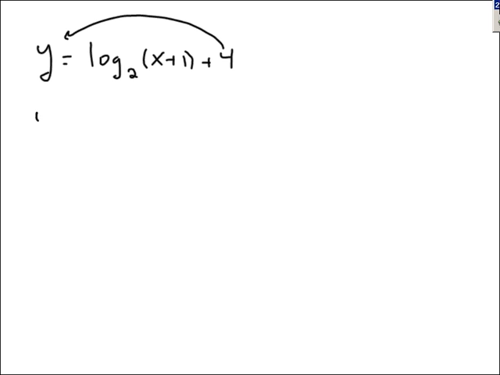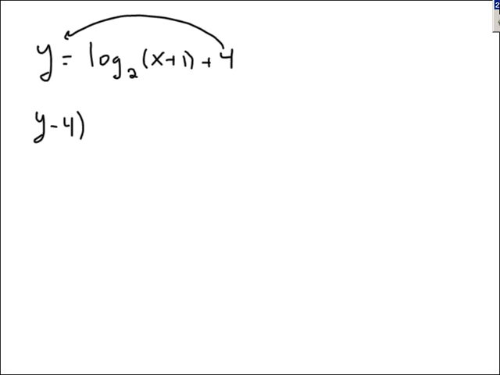Let's just try one more. Suppose we're asked to graph y is equal to log base 2 of x plus 1 plus 4. Okay. First, you need to bring the 4 over.